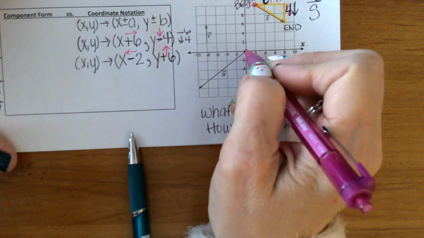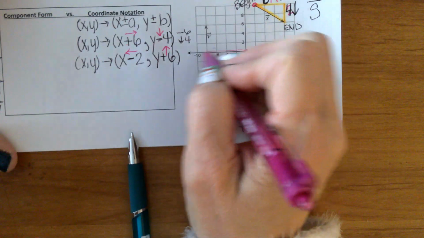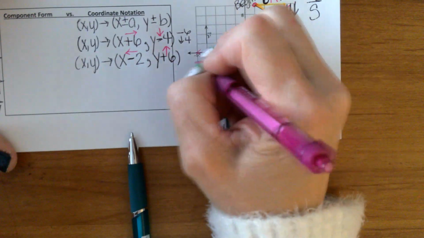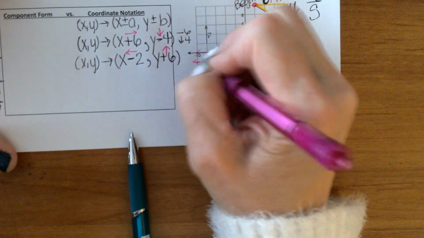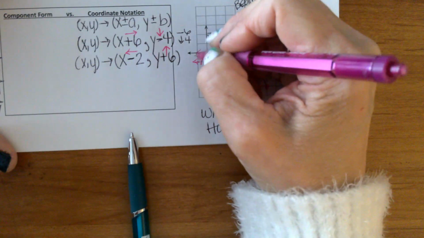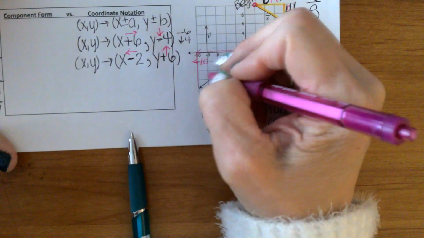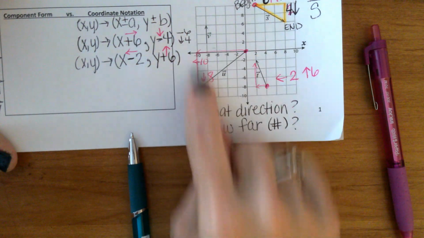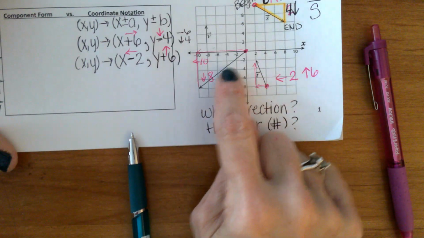So how many to the left? Okay, so 10 to the left, and how many down? Okay, so that's the movement, right? And if we go that way and that way at the very same time, that's what creates that diagonal.